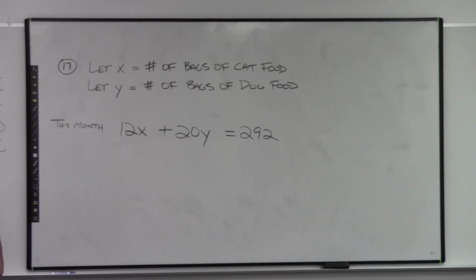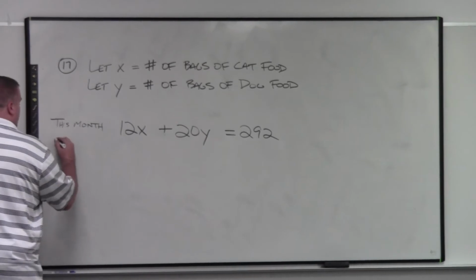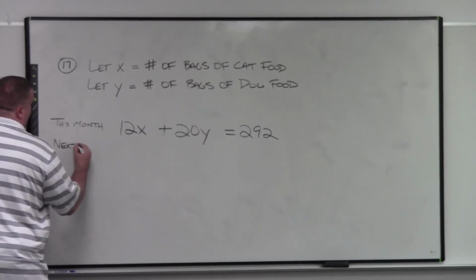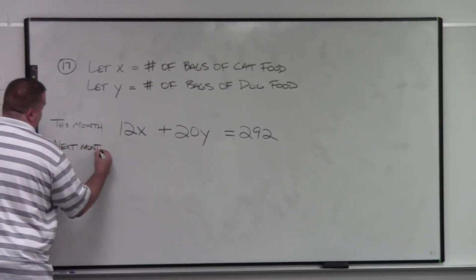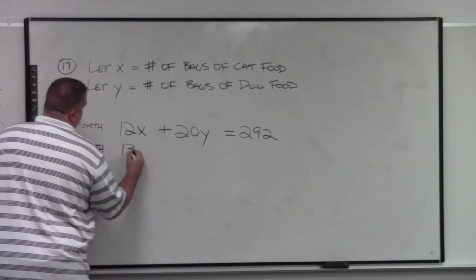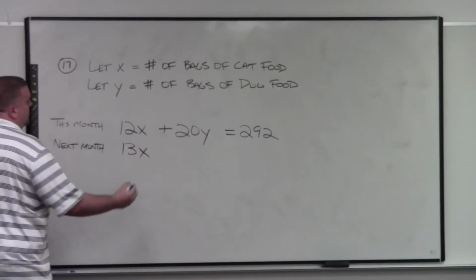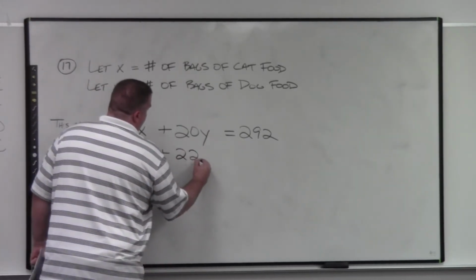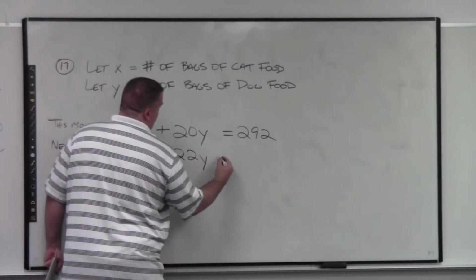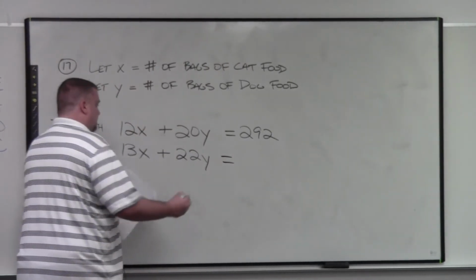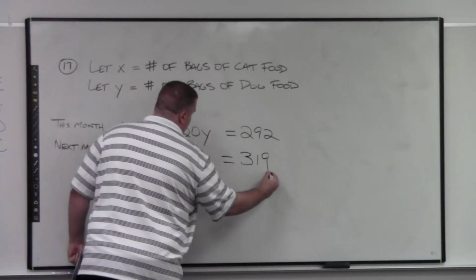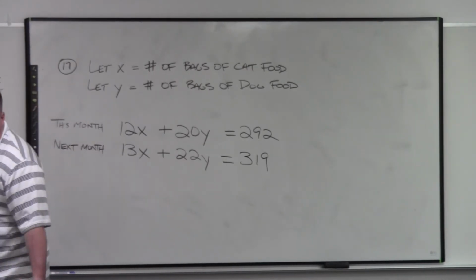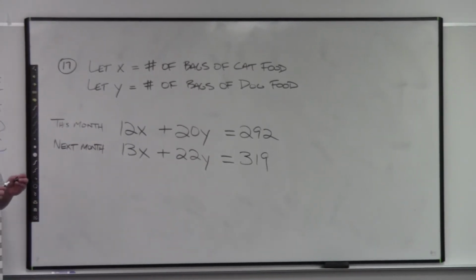And that totaled $292. The other situation, our other equation, is next month. How much did cat food go up to? So $13 per bag. How much does dog food go up to? $22 per bag. And so our price is going to go up to $319 next month if we're ordering the same amount.